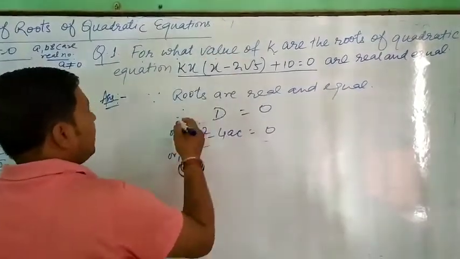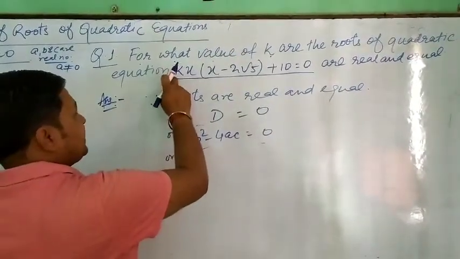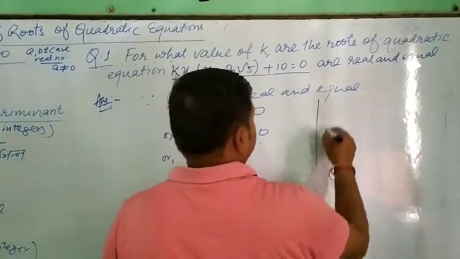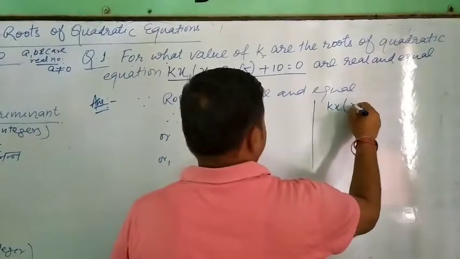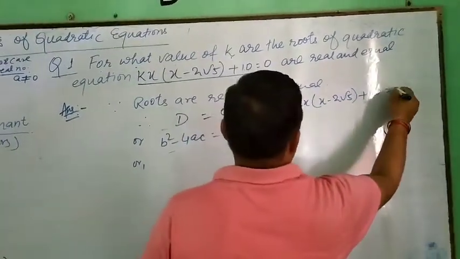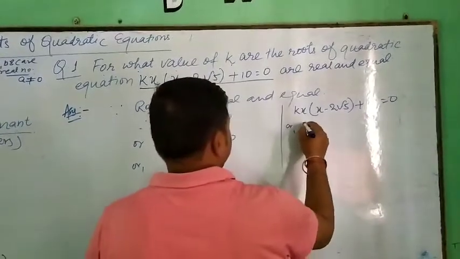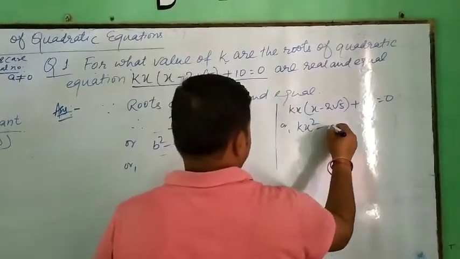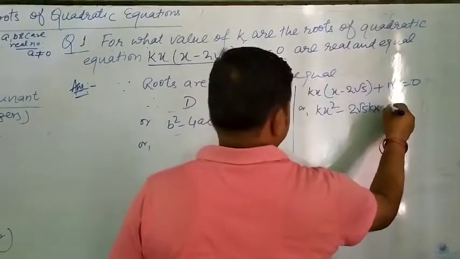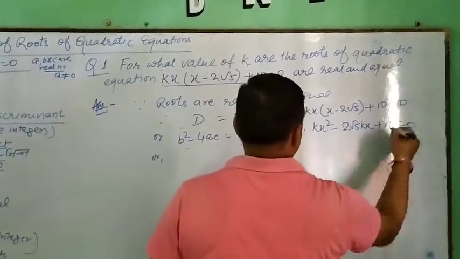Here we can express this equation first: kx(x minus 2 root 5) plus 10 equal to 0. So kx square minus 2 root 5 kx plus 10 equal to 0.